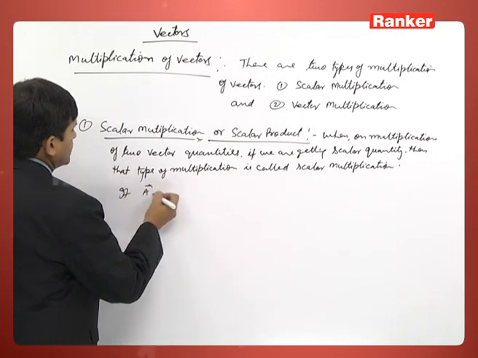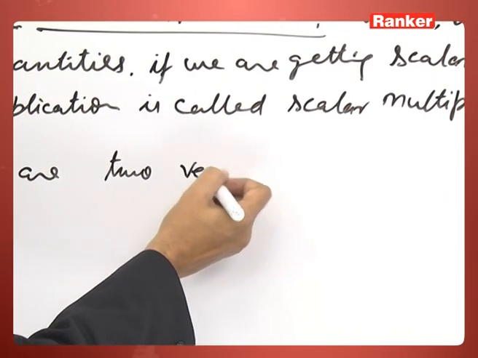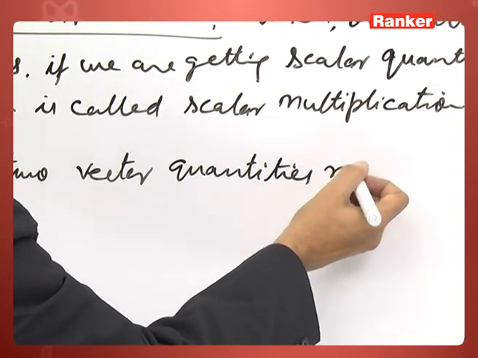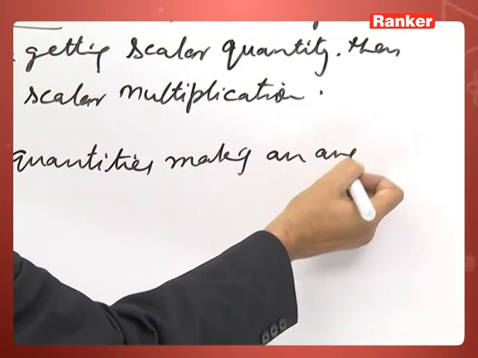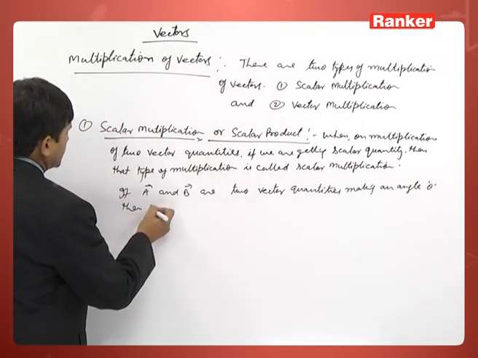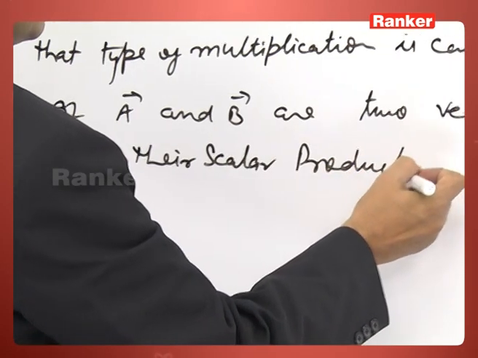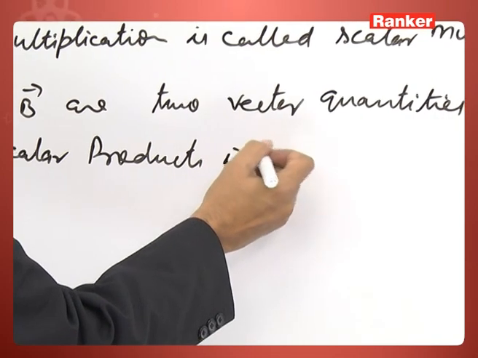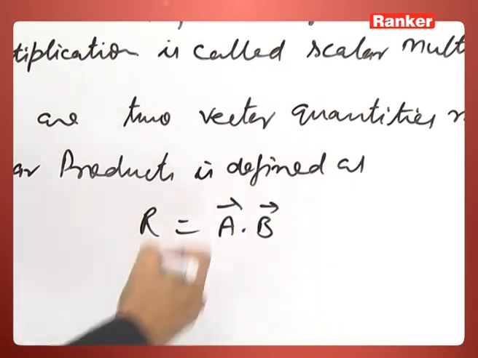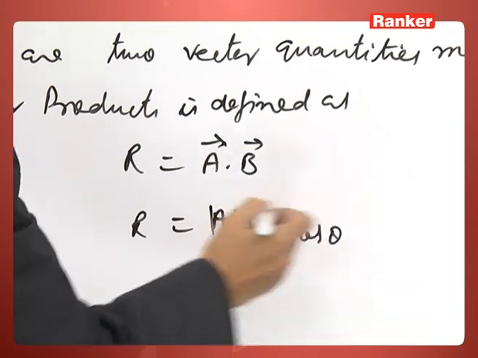So, if A and B are two vector quantities making an angle theta, then their scalar product is defined as R is equal to A dot B, or it is written as mod A mod B cos theta.